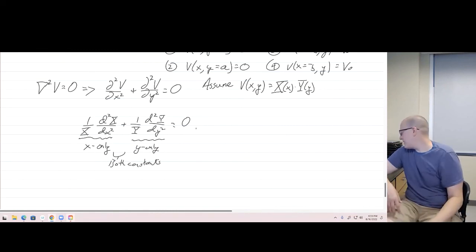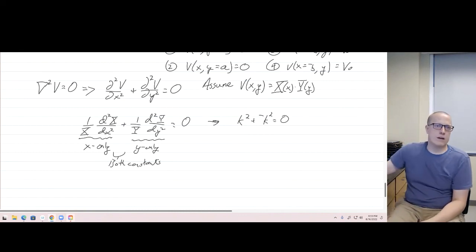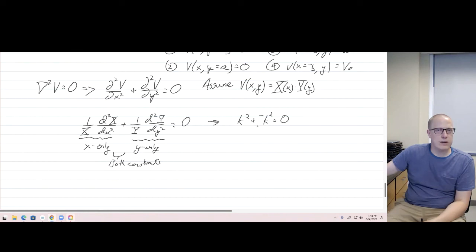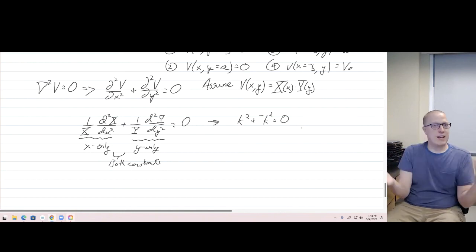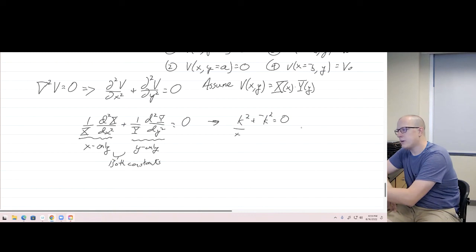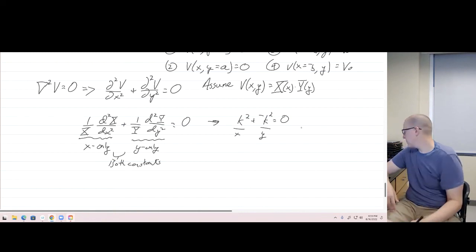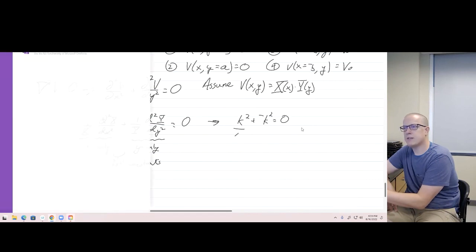And again, I'm going to pick the constants in a way that will make the math easier in a second, but I can certainly pick something like this, where the x part is k squared and the y part is minus k squared, right? Last time we moved the y to the other side and set them both equal, but in this case, this is the x part and this is the y part. That's not meant to be a fraction.